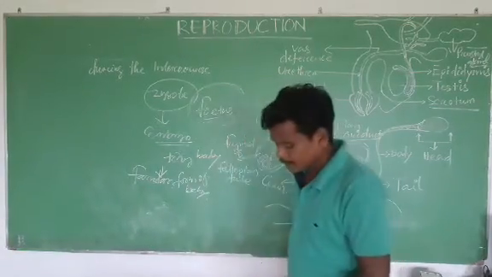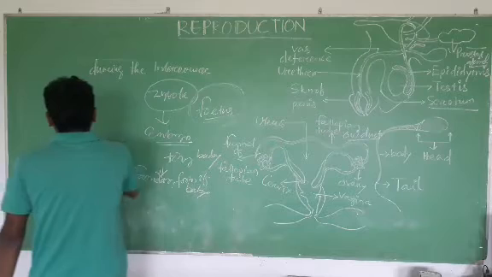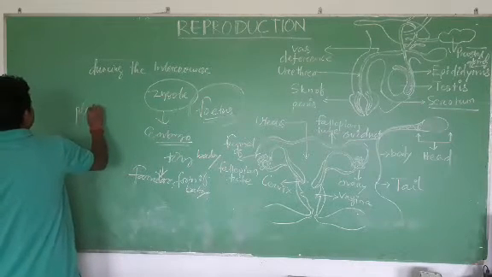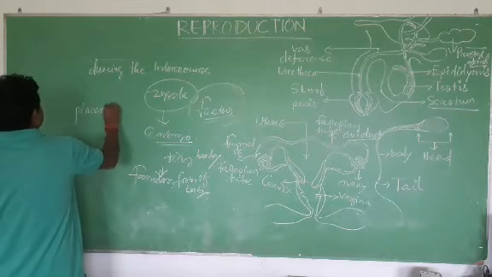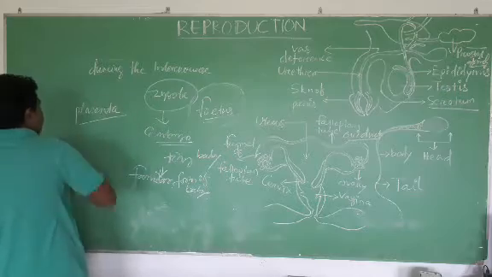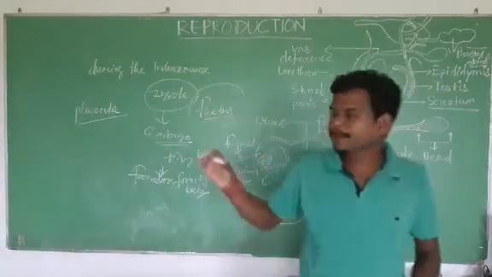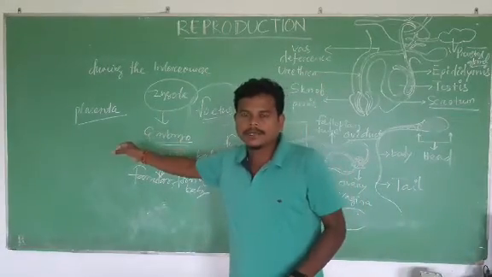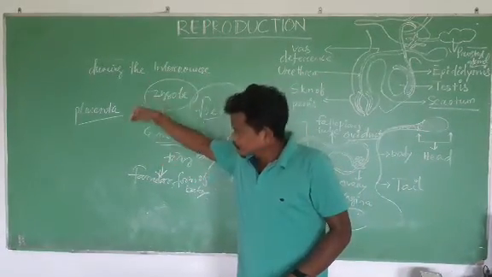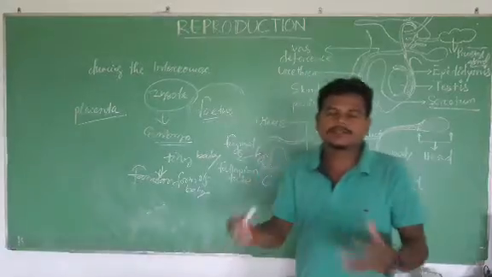That is called placenta. So placenta helps to exchange nutrients, oxygen, food, whatever a baby needs from the mother, inside the mother's womb.